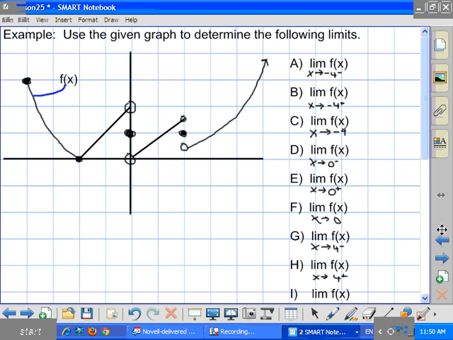So the first example, the limit as we approach -4 from the negative side. So I find -4, 1, 2, 3, there's my -4. And as we approach it from the negative side, so it would be over here, it appears that the value, oh, sorry, my scale is supposed to go by 2s.